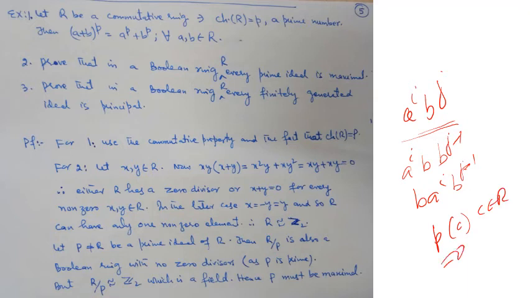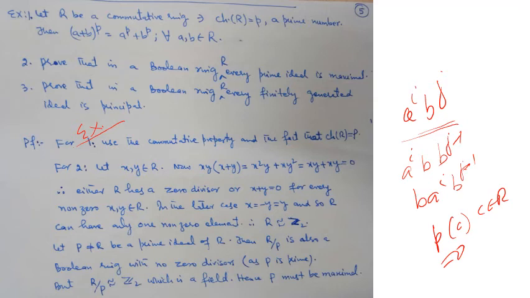So you will be using two facts, characteristic of R equal to p and the commutative property, and the concept of binomial, and you will get that (a + b)^p equals a^p + b^p, but you have to verify it. So this is an exercise for you.